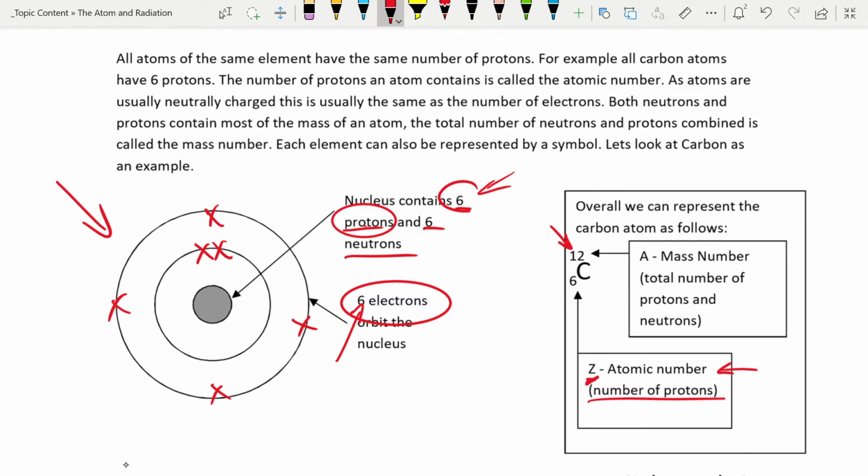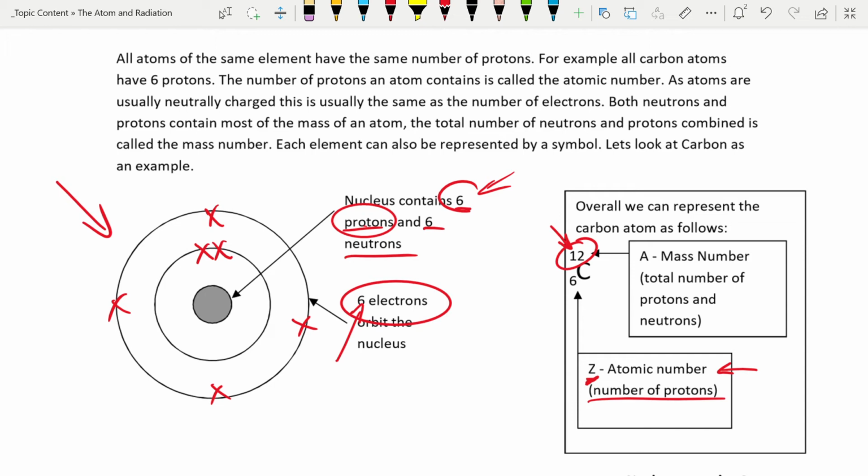The electrons are so light, they don't really contribute to that. So this mass number is effectively the total number of neutrons and protons. So we have 6 protons and 6 neutrons, which means this should be 12. Confusingly, we use the letter A to represent this, while the atomic number is the letter Z, so don't get those two mixed up.